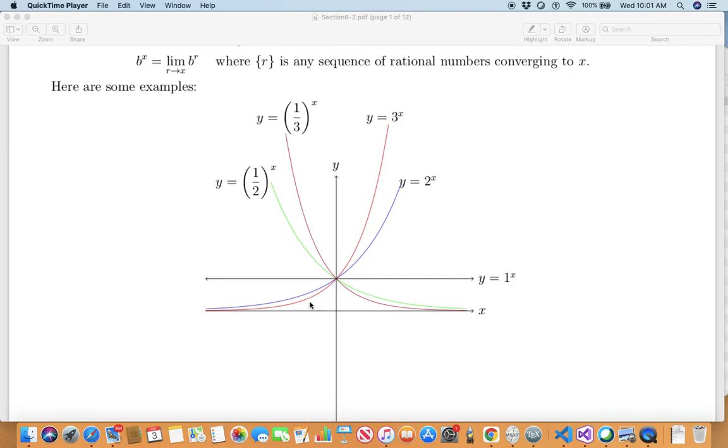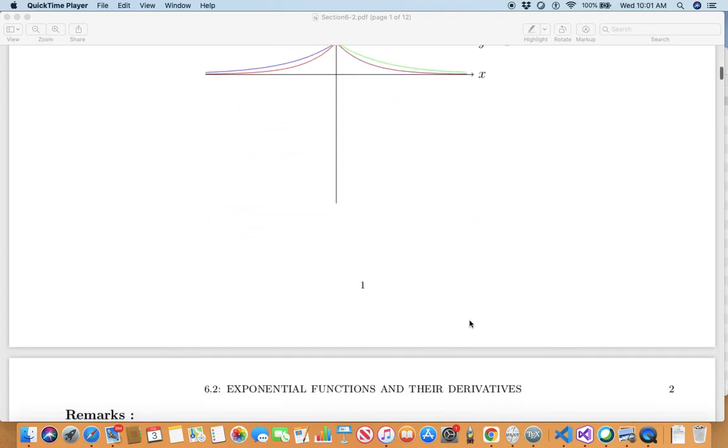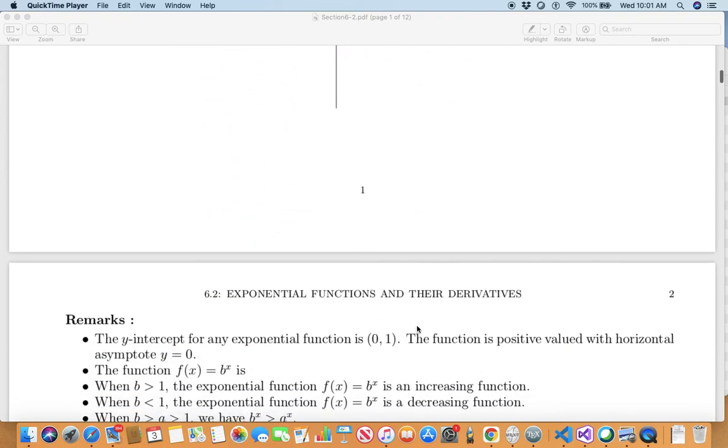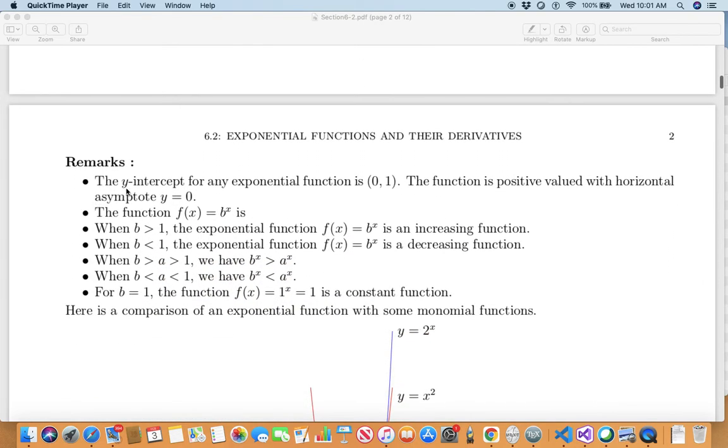And notice, in either case, you have a horizontal asymptote, the x-axis. By the way, they all go through the point (0, 1). That's your y-intercept. So let's go through these remarks.